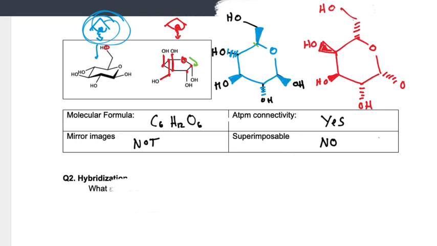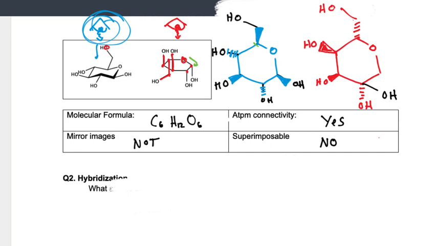So if we deleted that hydrogen, it wouldn't make sense to reference atom connectivity. Where we could see atom connectivity would be if I took that oxygen and connected it here. Now I do have the same molecular formula, but I've changed the location of the OH. The atom connectivity is now different.